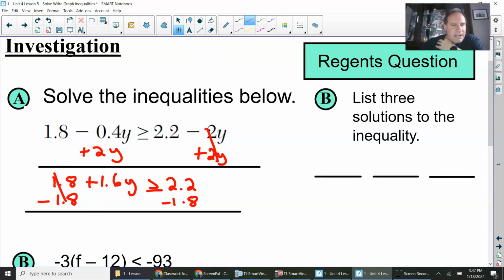And again, I'm going to rewrite what I have. I have 1.6y, that's positive, greater than or equal to, and this is 0.4 when you subtract it.